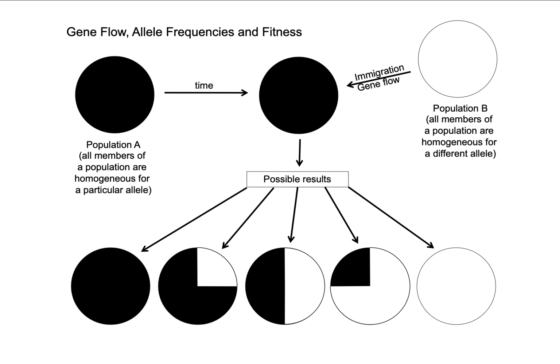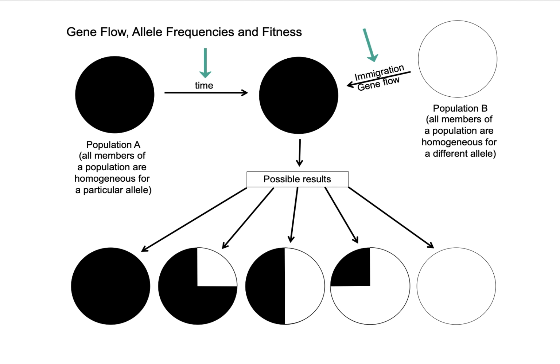Populations seldom are totally isolated, so over time there's immigration, which is called gene flow. So you have new alleles, new genes entering a population.